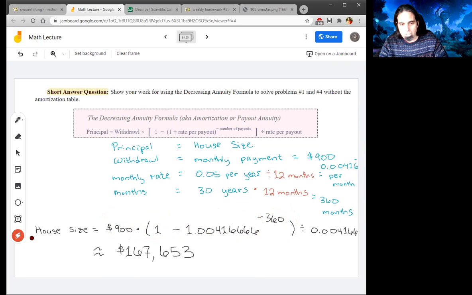And let's just imagine that all of this was gone and just a 1. What's 900 times 1? Divided by the 0.0041, lots of 6s. It's a number not too much bigger than this.